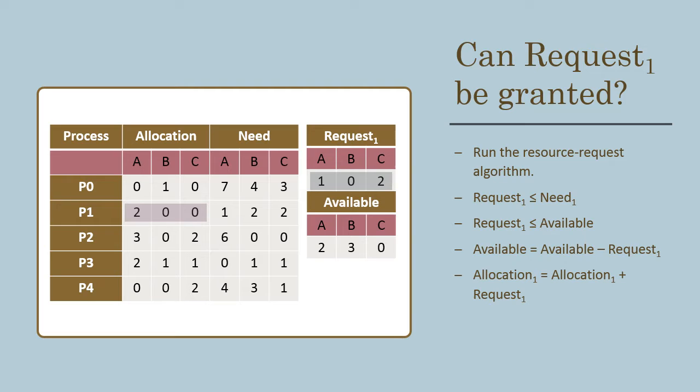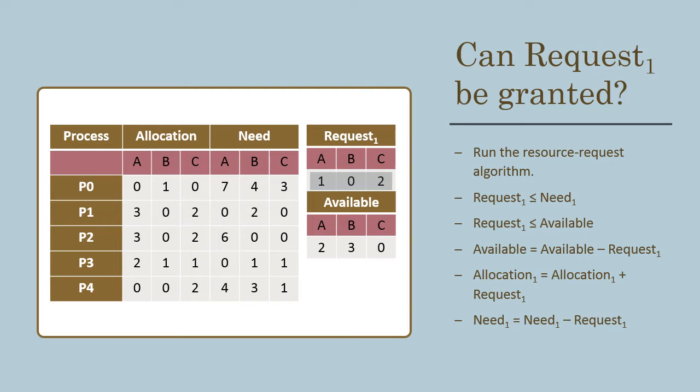Allocation 1 is 200. So the new allocation of process 1 would be 302. And need 1 is need 1 minus request 1. Need 1 is 122. Request 1 is 102. So the new need of process P1 is going to be 020.